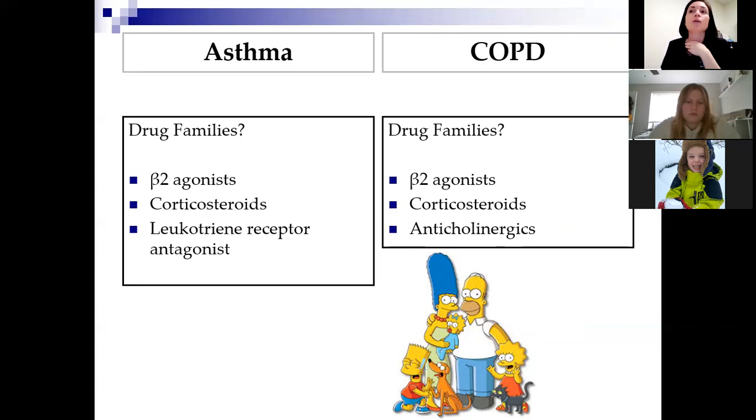We see the leukotriene receptor antagonists for asthma, and then the anticholinergic medications for COPD. With the beta 2 agonists, for both of them, we want that bronchodilation, corticosteroids for the anti-inflammatory. This is also for bronchodilation, and then this as well, the anticholinergic, to block the constriction.